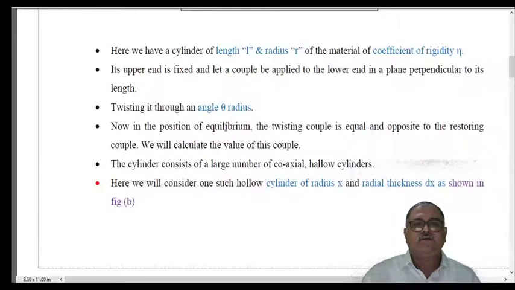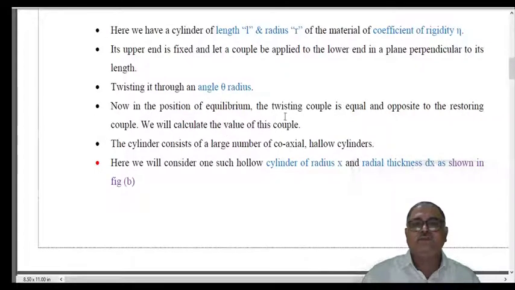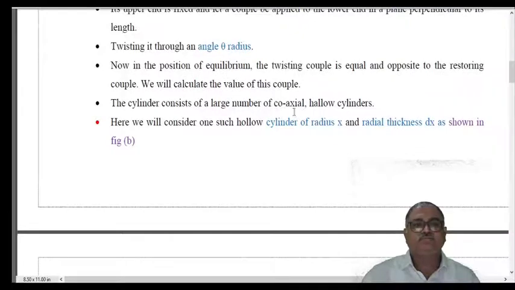radius. Now in the position of equilibrium, the twisting couple is nothing but equal and opposite to the restoring couple, and therefore we have to calculate the value of this couple.